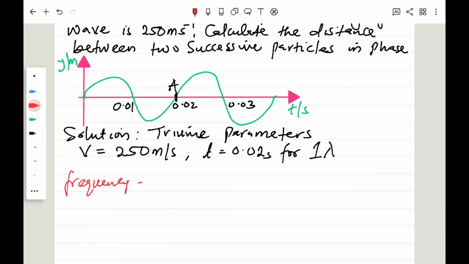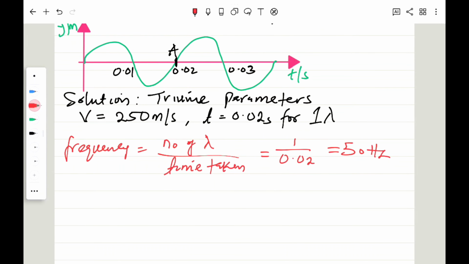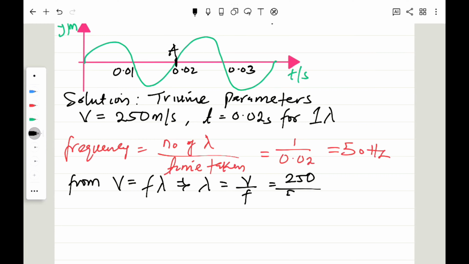So frequency, which is F, is the number of oscillations over the time taken for the oscillation. So you now have 1 over 0.02, which is equal to 50 Hertz. That gives us our frequency. So V is equal to F lambda, lambda is equal to V over F. So 250 divided by 50 will give you 5.0 meters. That gives us our answer. Next question.